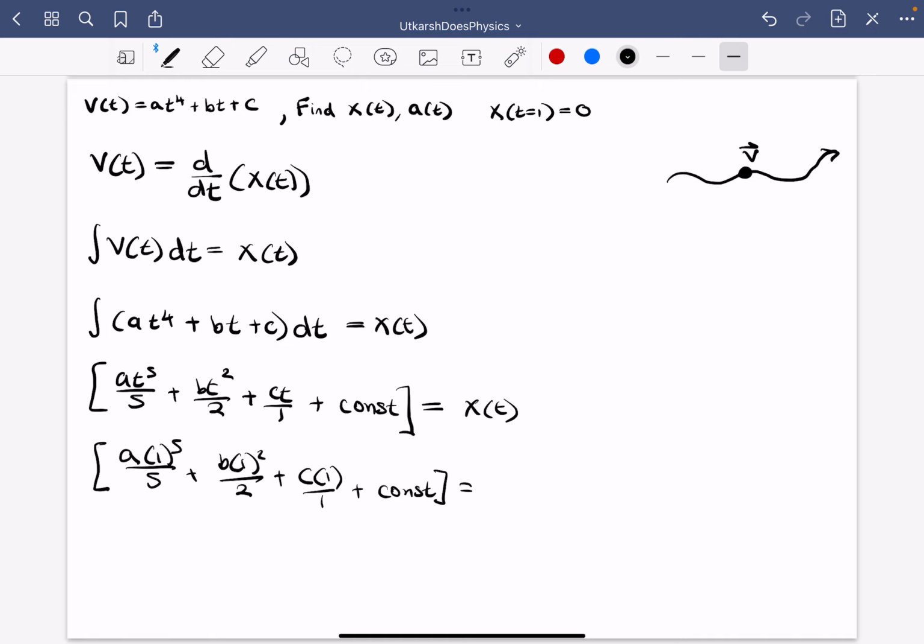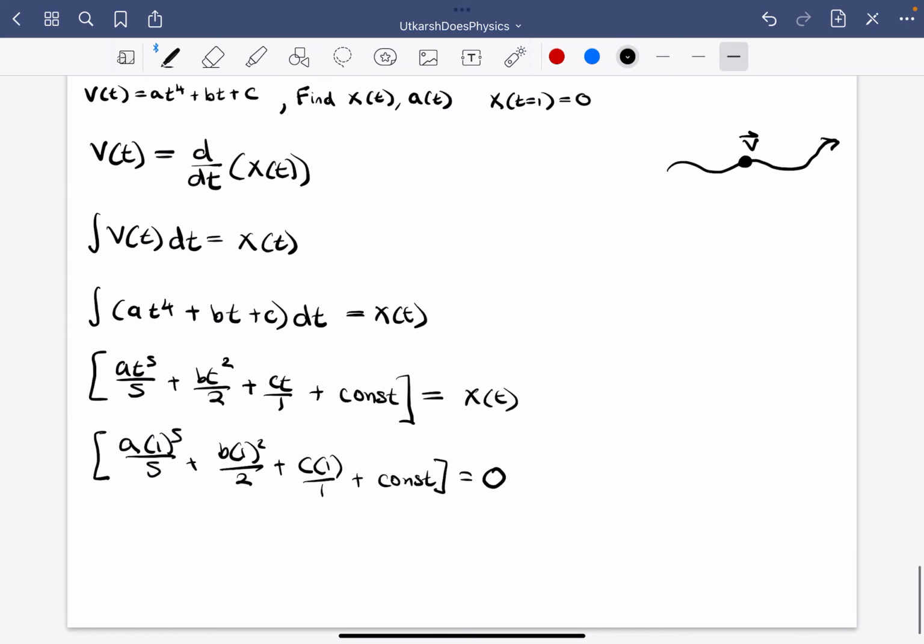And we know that's equal to 0 from the value of how they define it. So using this, we can substitute and find our constant. So a over 5 plus b over 2 plus c is equal to minus constant. I'm taking the constant over to that side now. So therefore, our constant is equal to minus a over 5 minus b over 2 minus c.